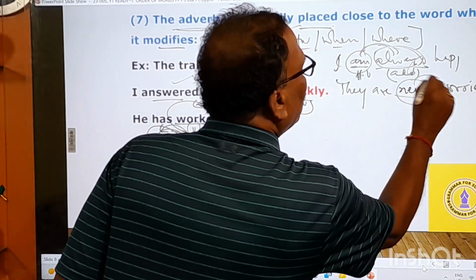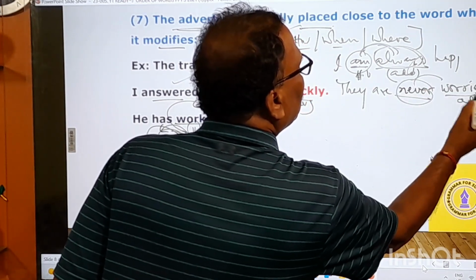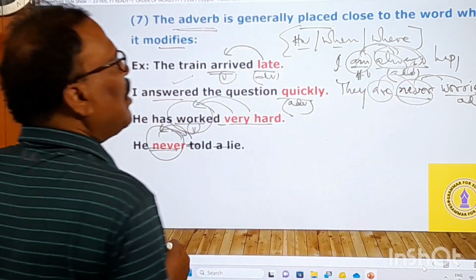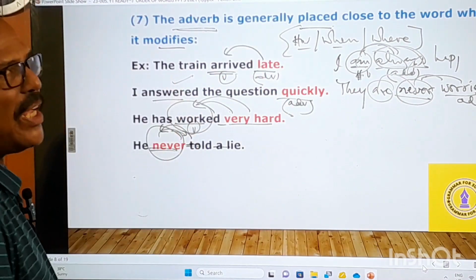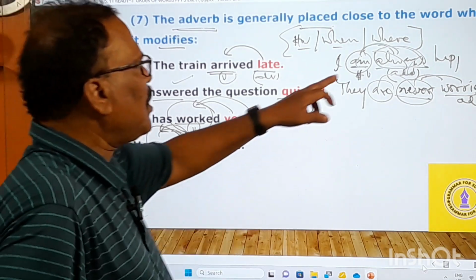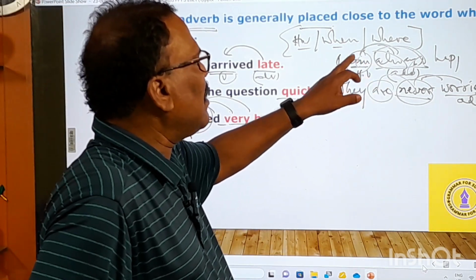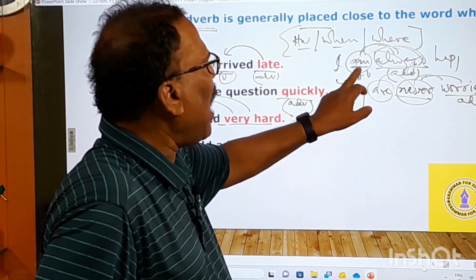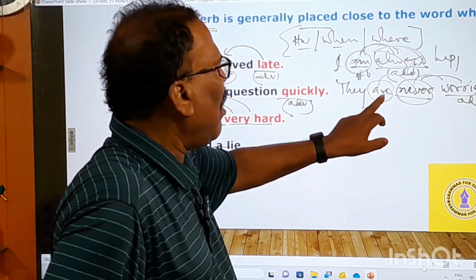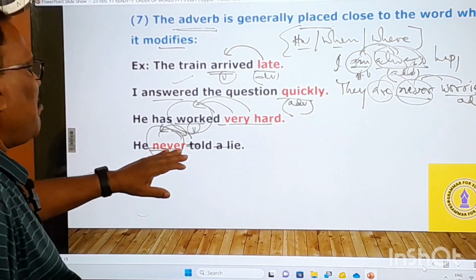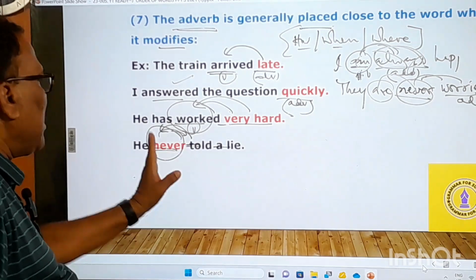Never is an adverb, not an adjective. So the position of the adverb in sentences having a helping verb is immediately after the helping verb. Am is a helping verb, immediately after that. Are is the helping verb, immediately after that. And in the simple present tense and simple past tense, it is immediately before the verb.